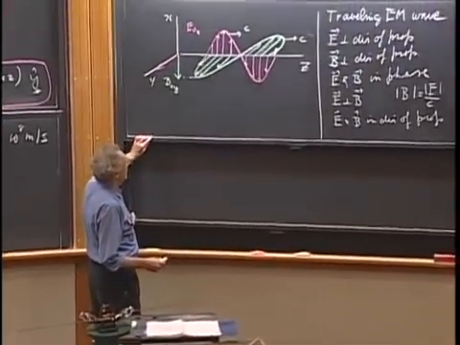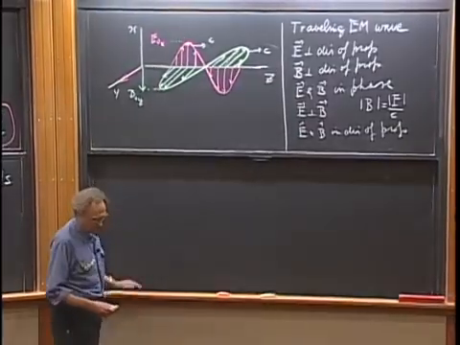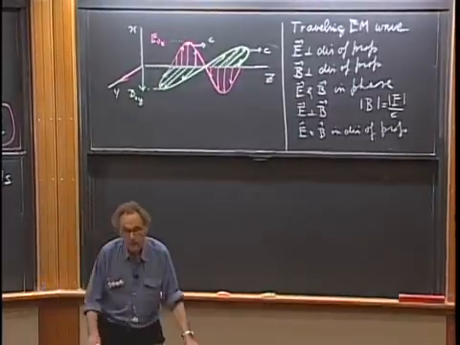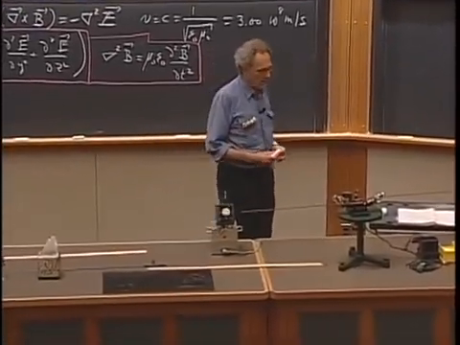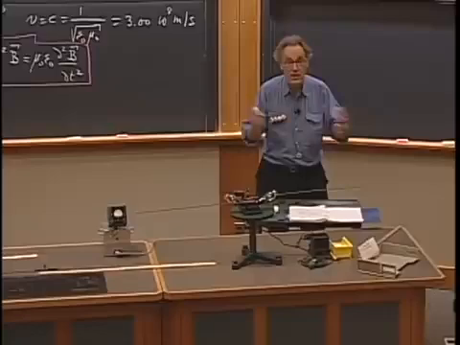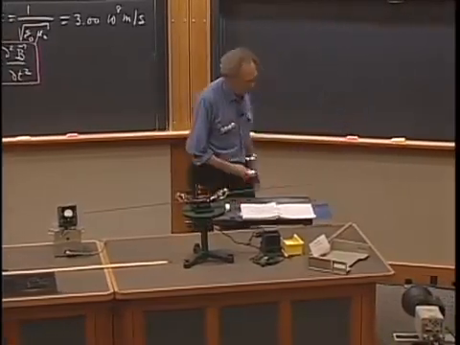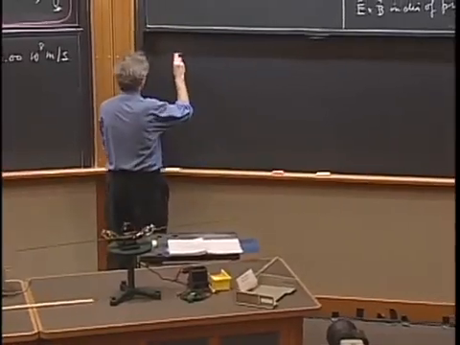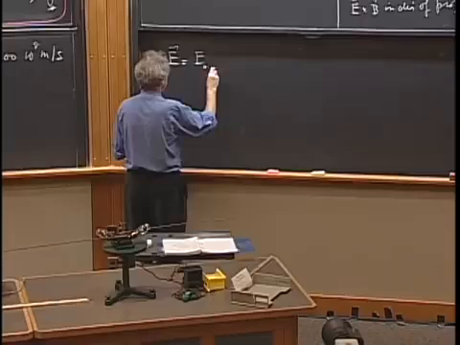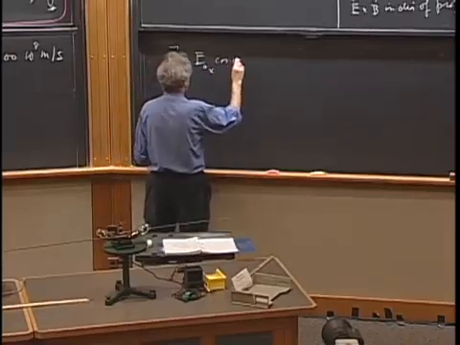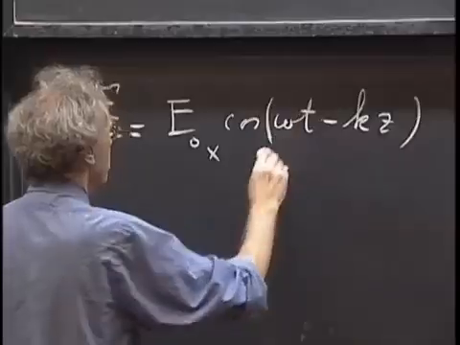So therefore, I can now write a somewhat more complicated form for a traveling wave, in which I give it both a component in the x direction as well as a component in the y direction, and I can even change the phase between the two. In other words, the following E vector is perfectly kosher: E0x times the cosine of omega t minus kz.